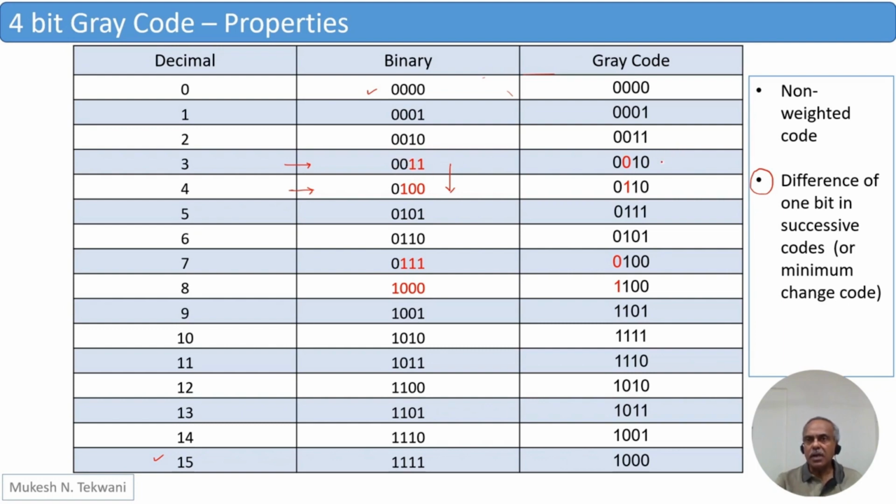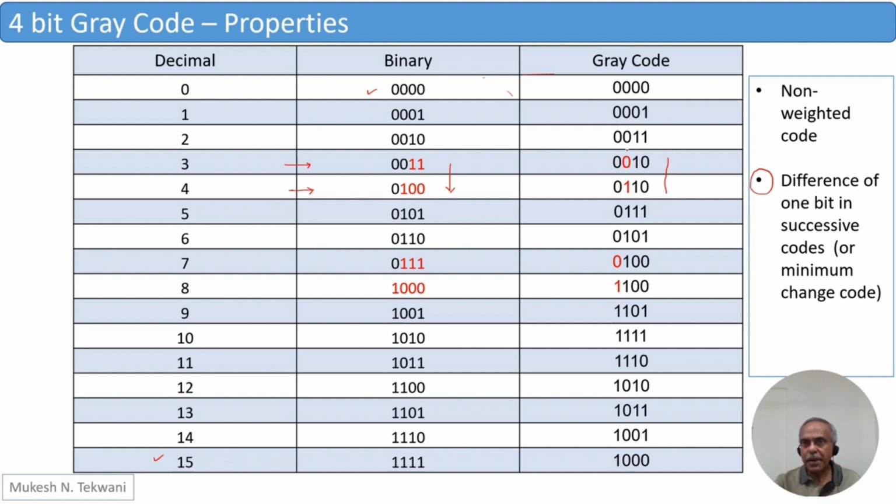But let us compare that with what happens in the case of a Gray code. For decimal 3, the equivalent Gray code is 0010, and for 4 the equivalent Gray code is 0110. You can observe as we go from 3 to 4, the 0 bit remains the same, the 1 bit remains the same, this 0 bit has changed to a 1, but the next 0 bit remains the same.